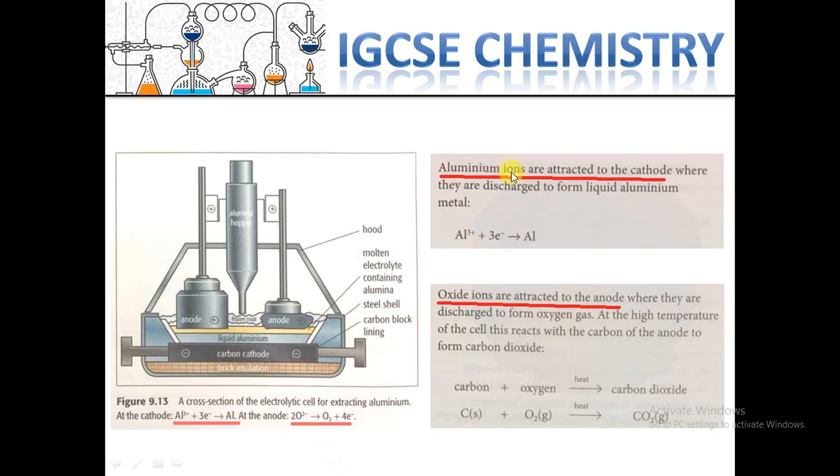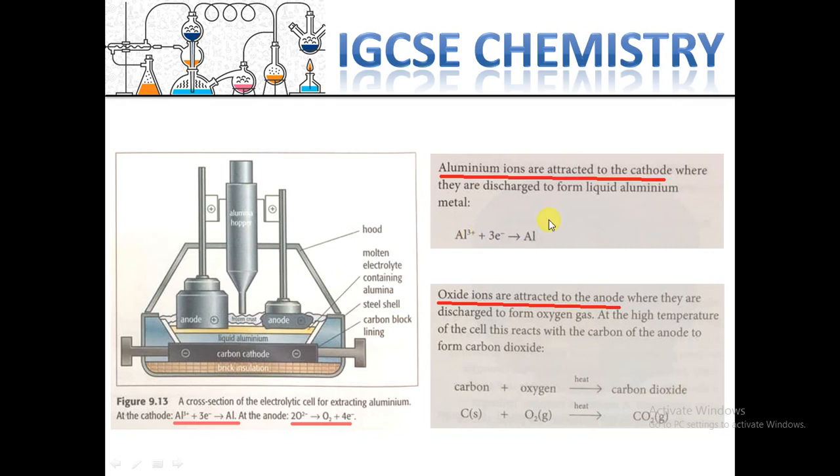Aluminum ions are attracted to the cathode. At the bottom of this electrolysis cell, you can see there is a carbon cathode. So aluminum ions need to go to the carbon to discharge as liquid aluminum. That means when aluminum ions arrive, they receive electrons and become aluminum.